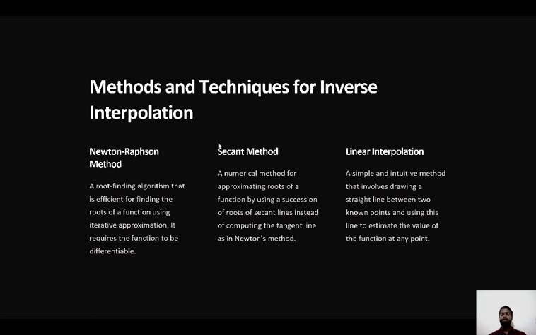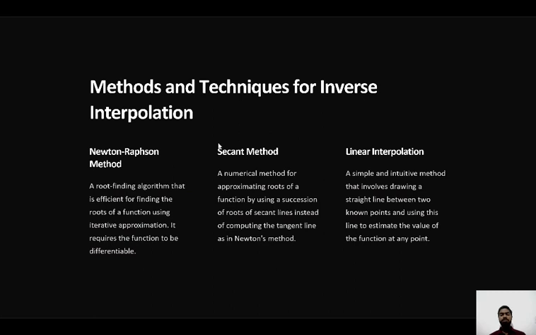Linear interpolation. Yes, we also read the formula where y equals y1 plus (x minus x1) into (y1 minus y2) whole divided by x. That is the formula we read earlier. So it is the same formula. Linear interpolation is a simple and intuitive method that involves drawing a straight line between two known points and using the line to estimate the value of the function.